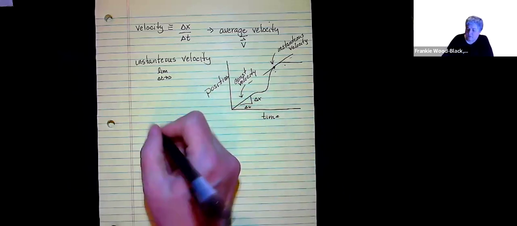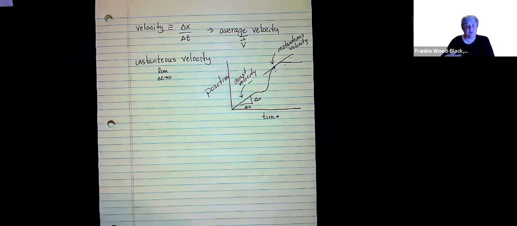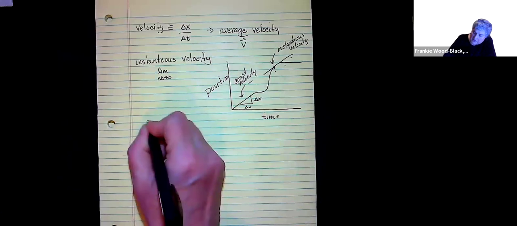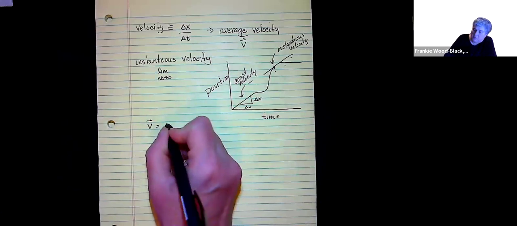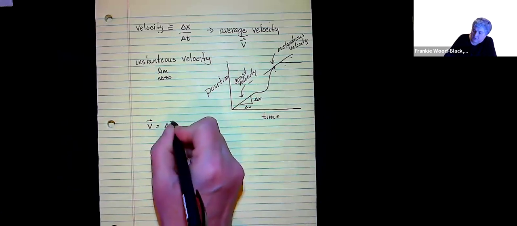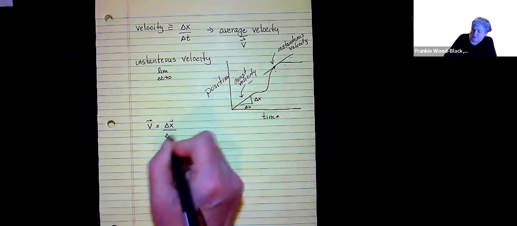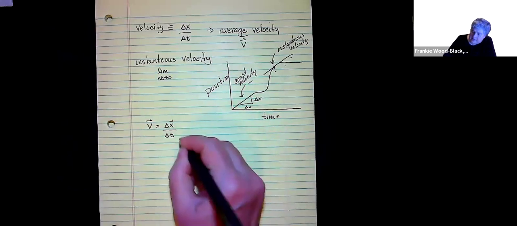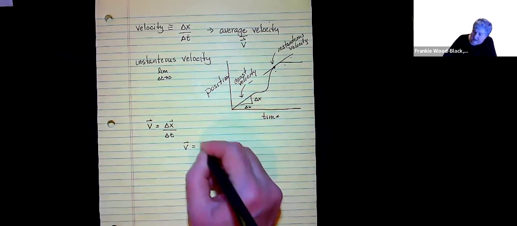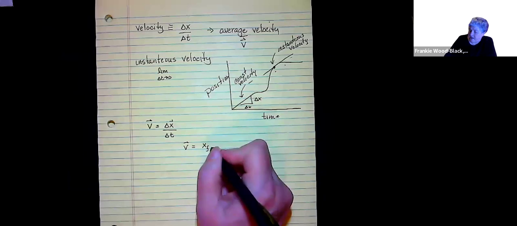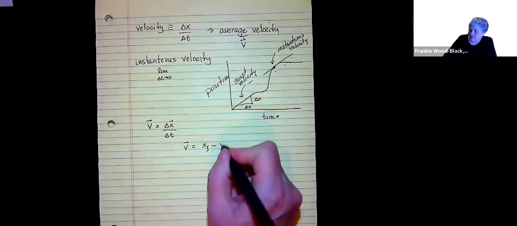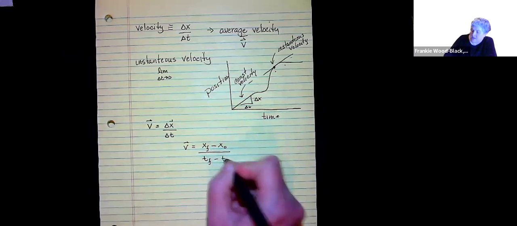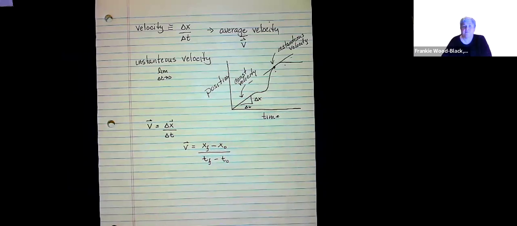And I can rewrite this. So now I have an equation, and we get our first equation. Velocity, which is a vector, is going to equal my change in position, which is also a vector, with respect to time. I can rewrite this as velocity is equal to my final position minus my initial position divided by my final time minus my initial time.